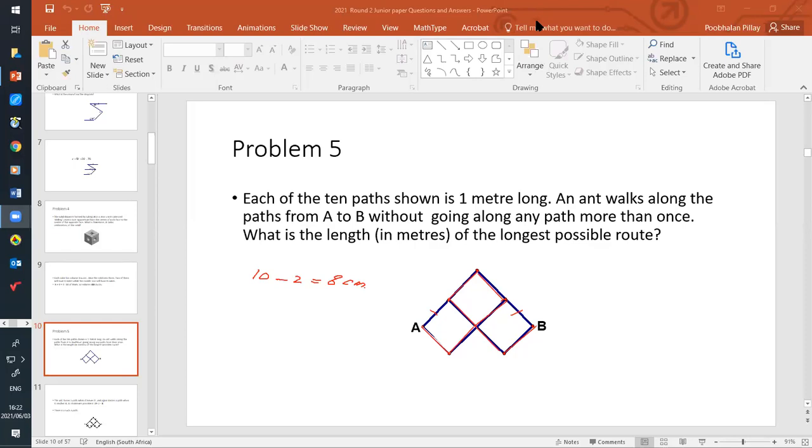Come on, the floor is now free. So how do we argue that this is the longest possible path?